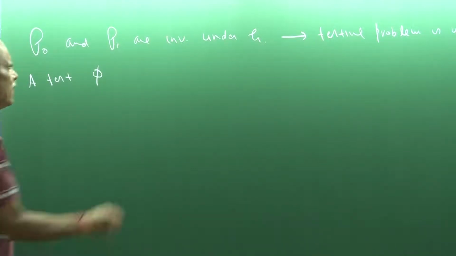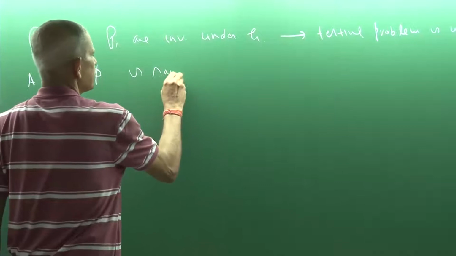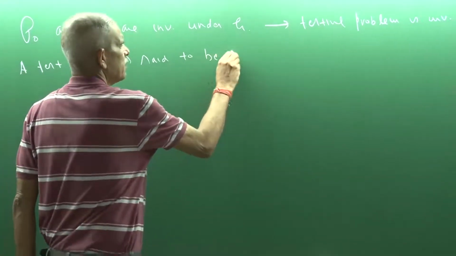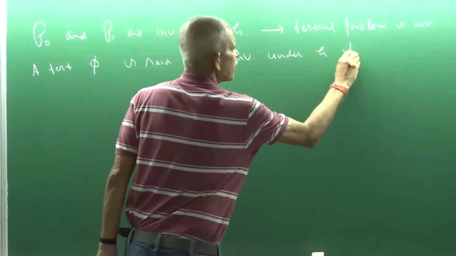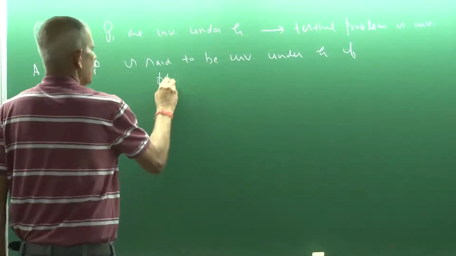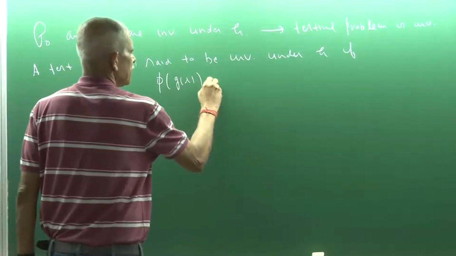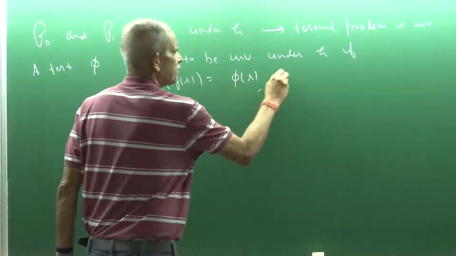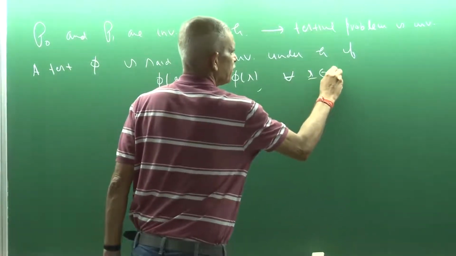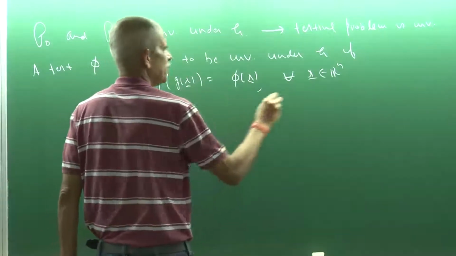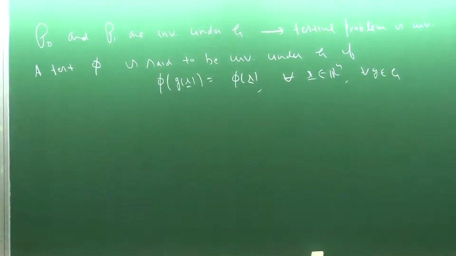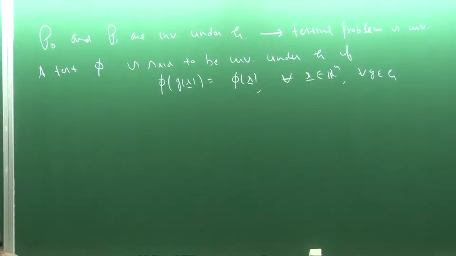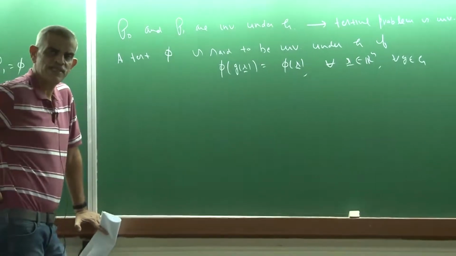A test phi is said to be invariant under G if phi of gx is the same as phi of x for every x belonging to R^n and for every g belonging to G. My invariance principle demands that I should consider only invariant tests.